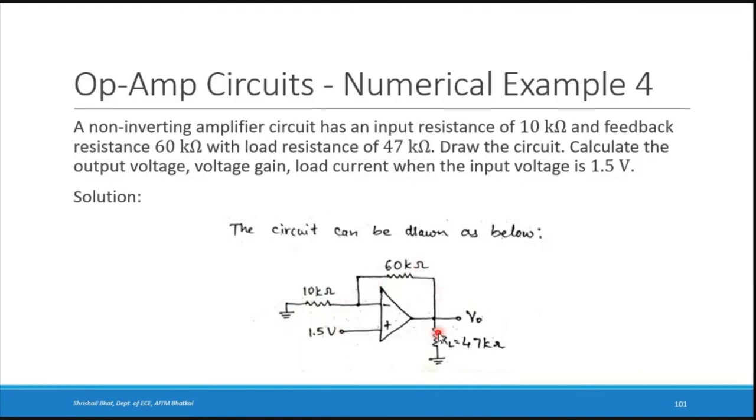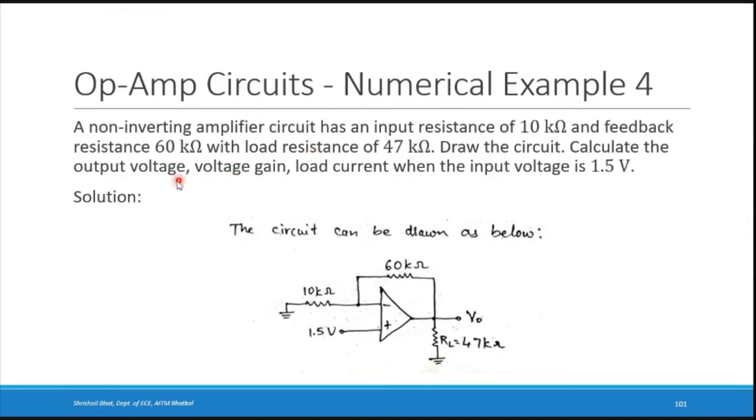Now, since load resistance is given, that load resistance is across the load. I mean, at the output, wherever you are measuring the output, that is the load resistance. You are measuring this V0 across RL. Here there is RL, which is equal to 47 kilo ohm. This is one extra thing you need to consider in this case because it is given.